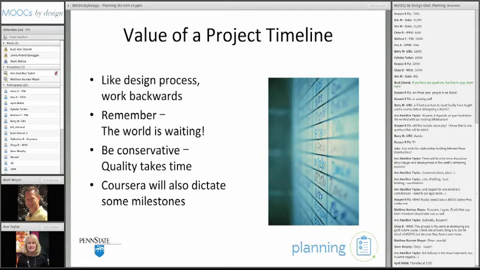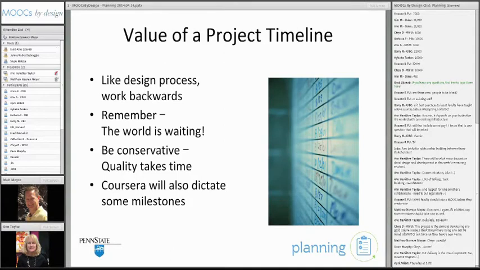As I mentioned before, it was important for us to remember, and the rest of our stakeholders at the university kept reminding us, that the world was waiting. The minute we advertised these MOOCs and said they would launch on X date, it wasn't like the online course that we develop and offer for the first time, where maybe 5 or 20 students sign up, and if something goes horribly awry, it's 5 or 20 students we have to disappoint.